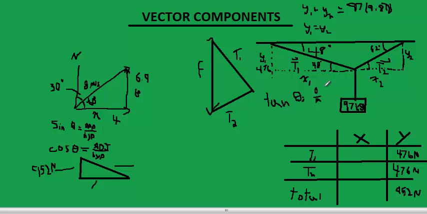When you punch that into your calculator, you get 428 newtons for this one. So in T1, the horizontal component of this tension is, we're going to round to, 429 newtons.